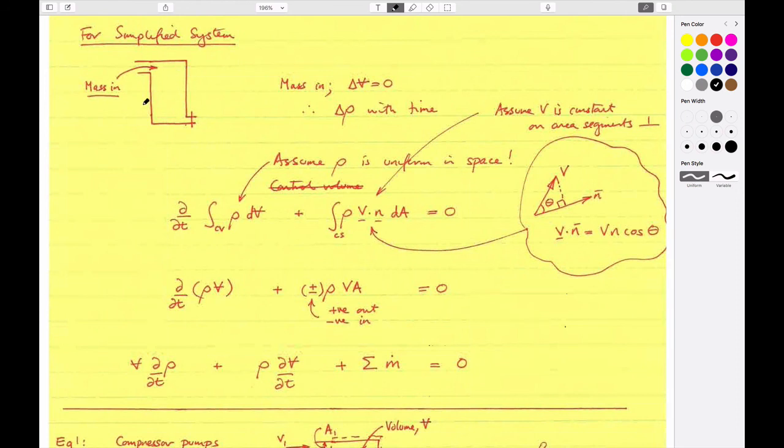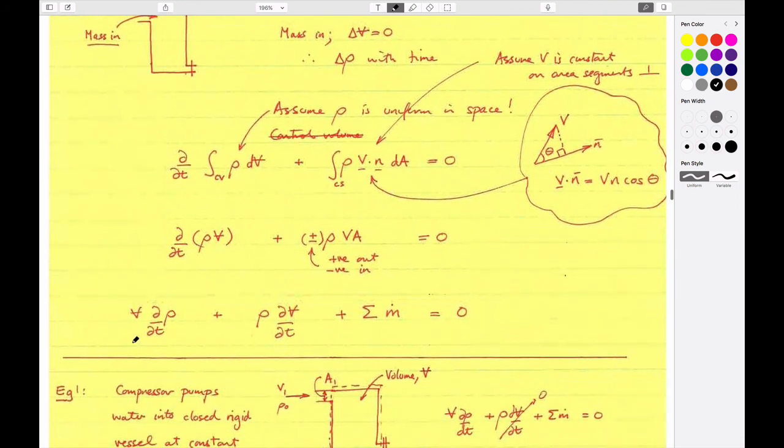You have a system that looks like this. This is what Reynolds transport theorem looks like. This is what the idea of a dot product is that gives us this positive or negative flow rate. We can write it in this slightly more straightforward way, like we have here. And then we can try and analyze the system. So this is exactly the expression that we ended up with on the other page.